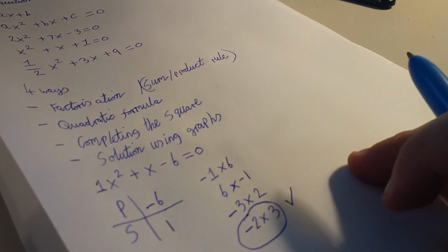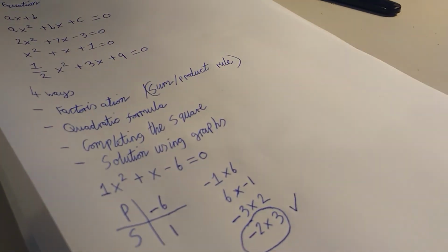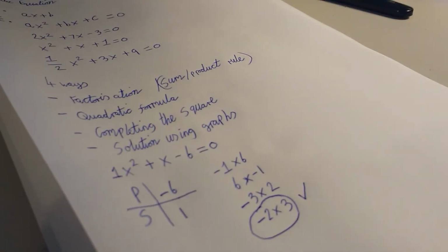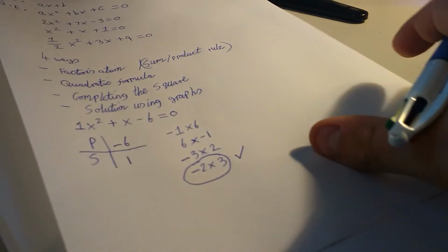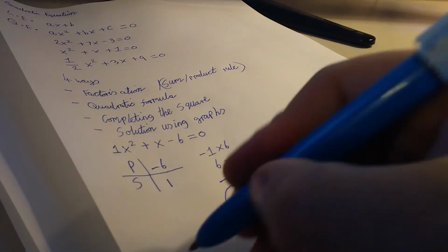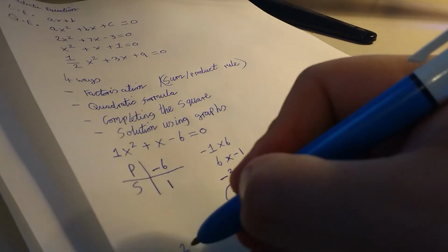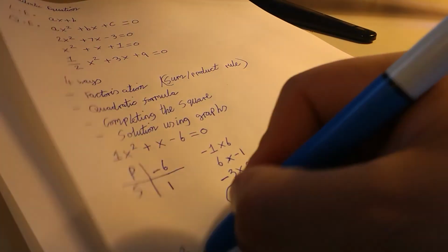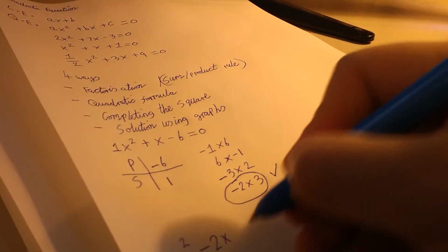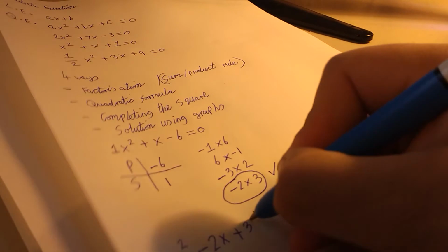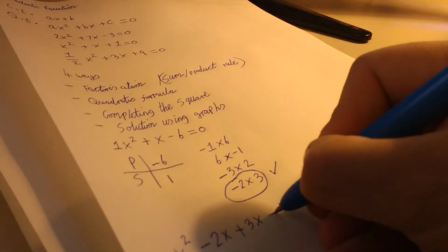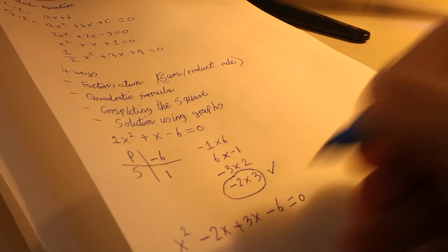So we rewrite our equation using these numbers instead of our B term. Writing our equation again, we have x squared minus 2x plus 3x minus 6 equals 0.